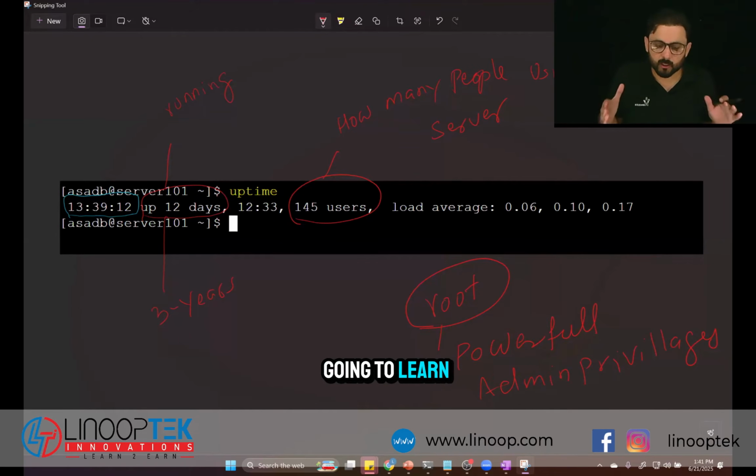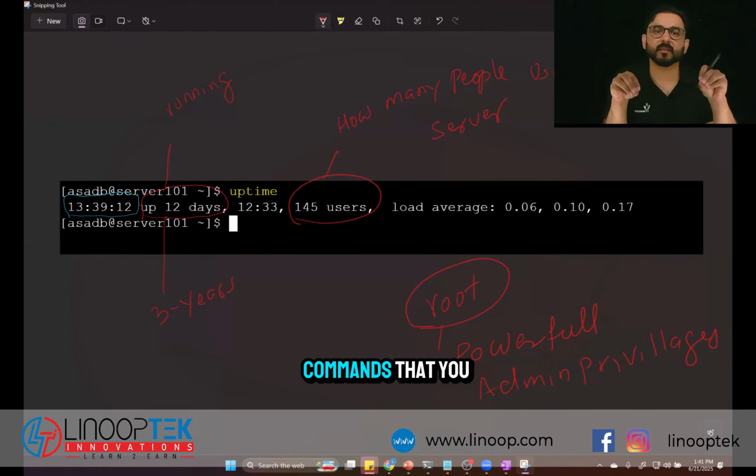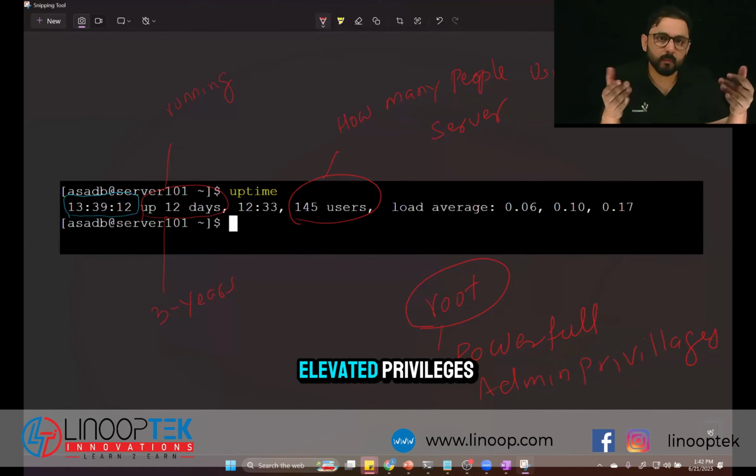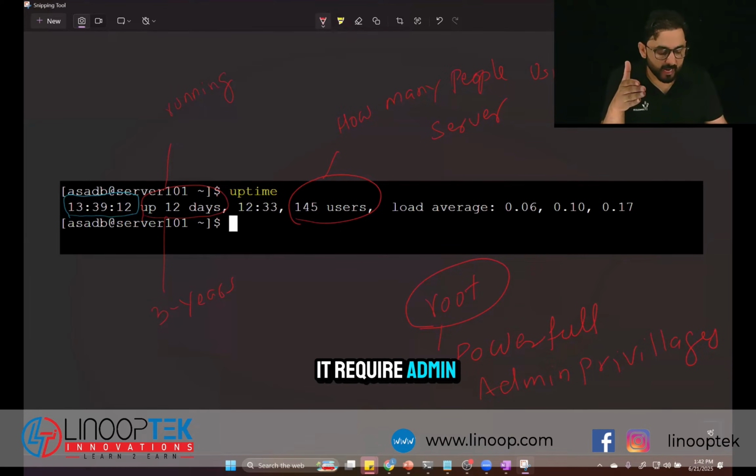Everything that you're going to learn in Linux, as a regular user, there are some commands that you can use and some elevated privileges commands. Some commands require elevated privileges. They require admin privileges, root privileges.